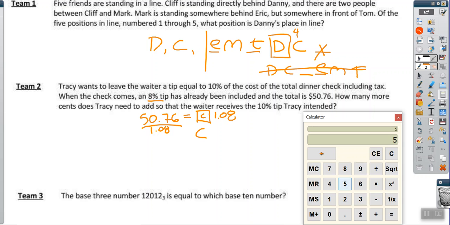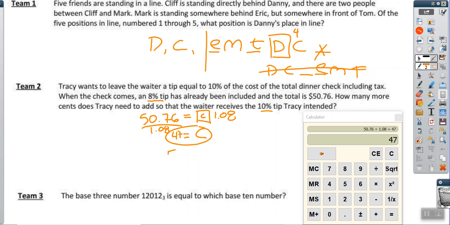So we get 50.76 divided by 1.08, and I get $47. So the cost of the whole meal plus tax is $47. But that's not what we're asking. We're asking how much will we pay in total with the 10% tip, right? So now we need to add 10% to this. Well, 10% of 47 is 4.7.